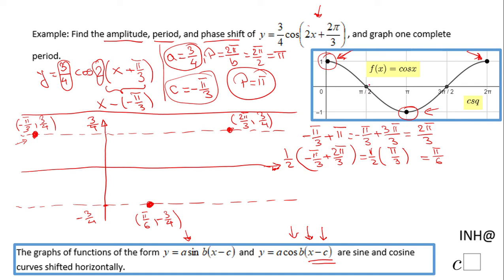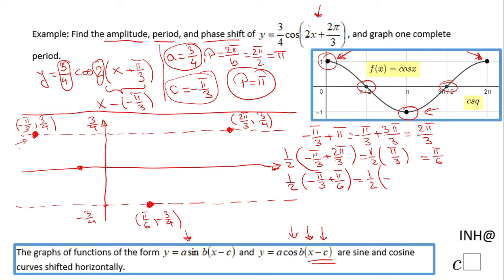And now we have to find these 2 points, the intercepts, and both of them are in the middle, the first one between this max and this min. Let's say it's going to be somewhere here. Again, because it is in the middle of these 2 points, I'm going to take the x coordinates, which are negative pi over 3 and pi over 6, and add them. After that, I'll divide by 2 or multiply by 1/2.